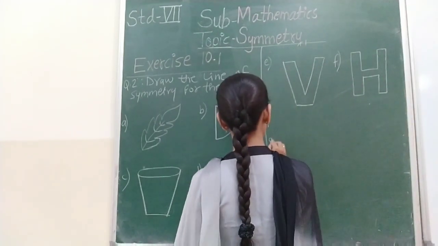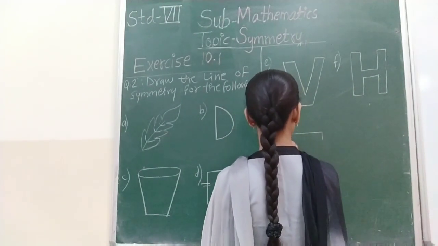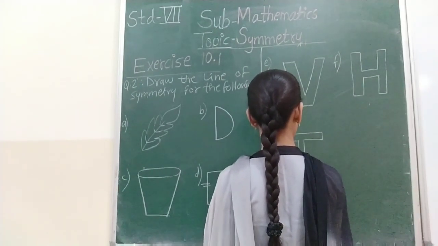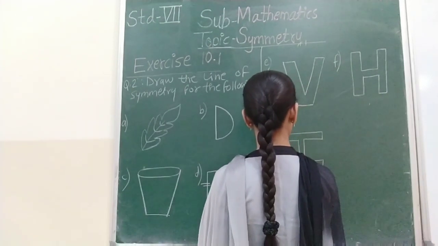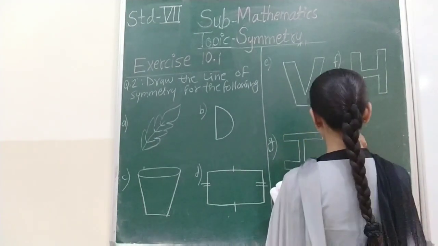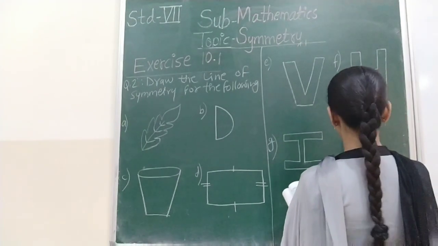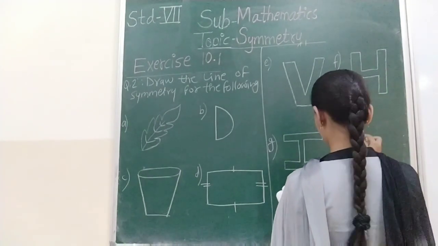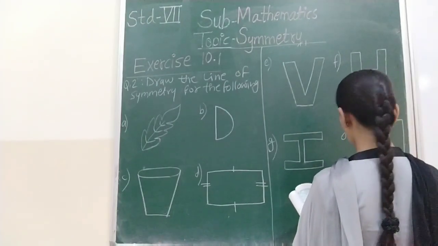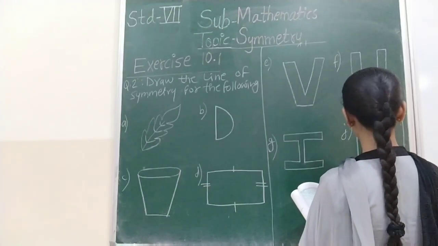How many lines of symmetry are there? We have to find that. Okay students, now the next is, I am taking any of the questions. Don't think it is one by one.